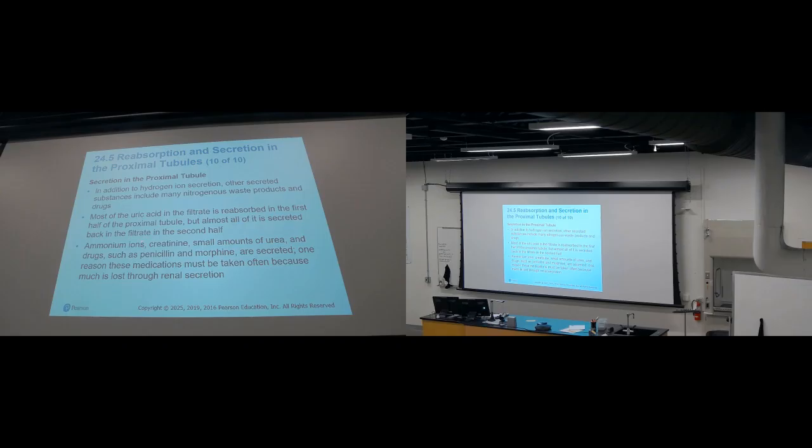And then you can also secrete here creatinine, which is part of this metabolism of muscle, and the less toxic form of nitrogenous waste, which is urea. Some drugs like penicillin and morphine can be secreted here, and then will be lost in the renal secretion.